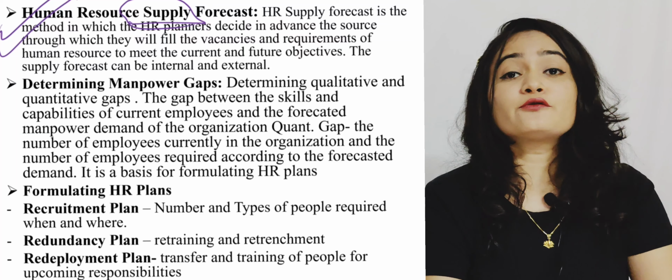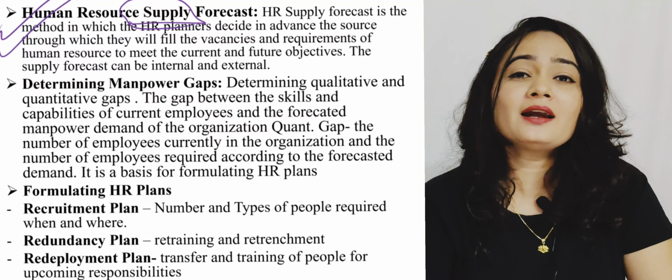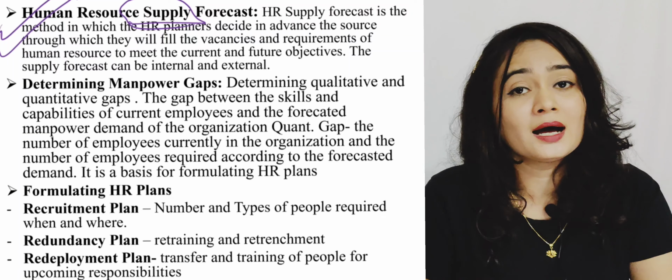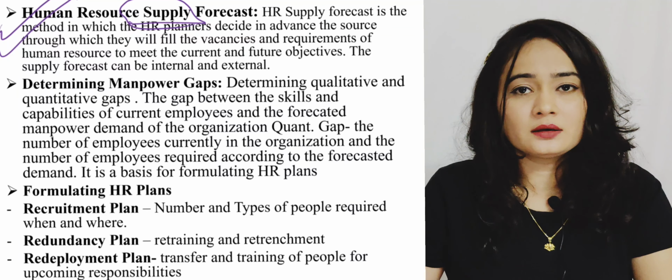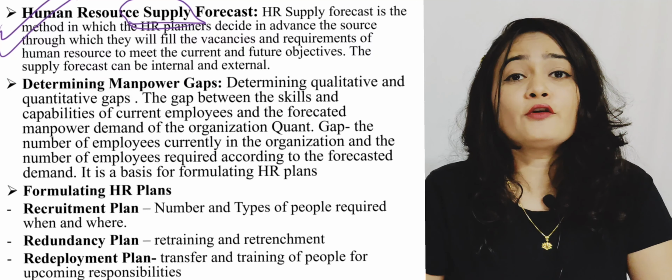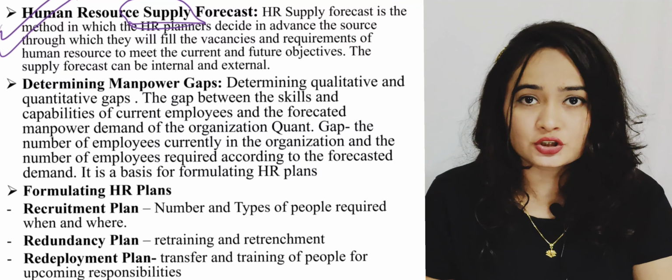Supply means from where are we going to source these human resources? You have to plan the supply of human resources in advance, because when the need arises in future, you should know from where you can get the best candidate for that vacant position.